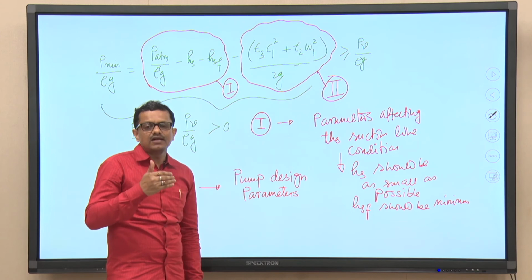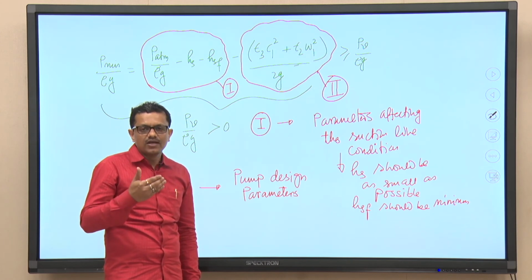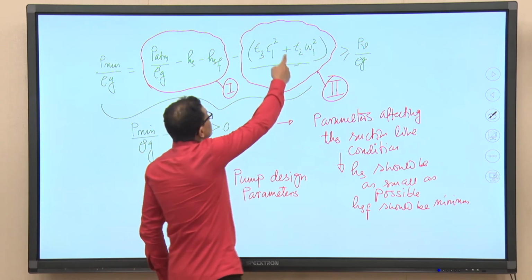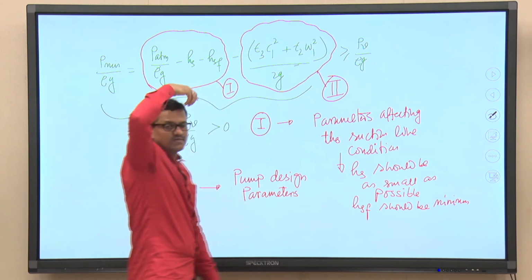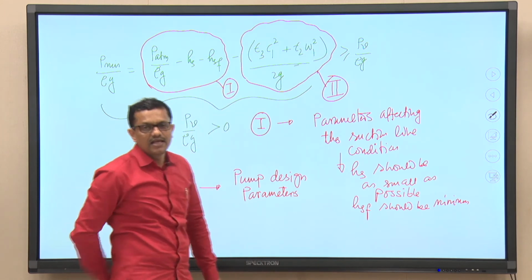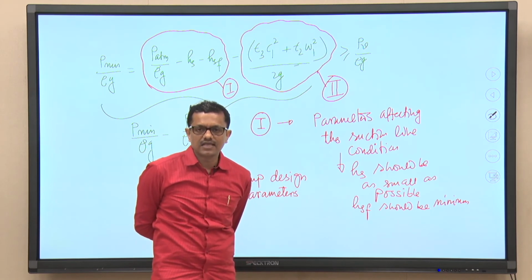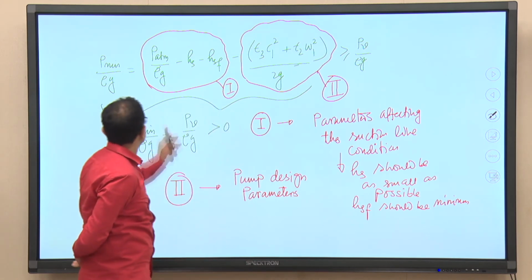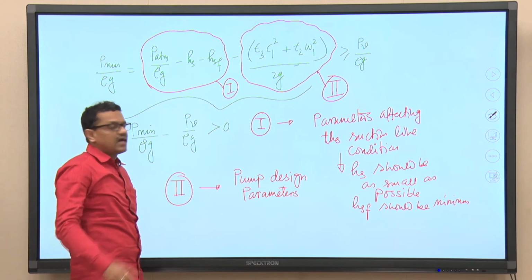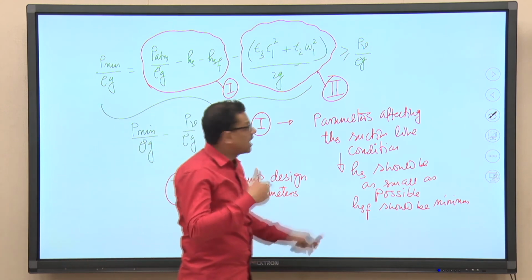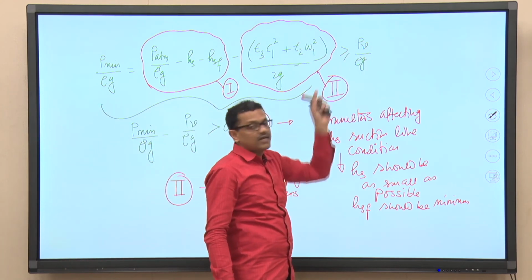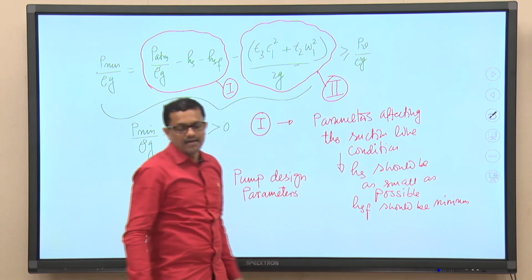The pump's blade should be designed properly so that the magnitude of these two velocity components should not be very high, even when we are reaching point B. If that is the case, then perhaps P minimum will be higher above P v by rho g, and perhaps cavitation can be avoided.